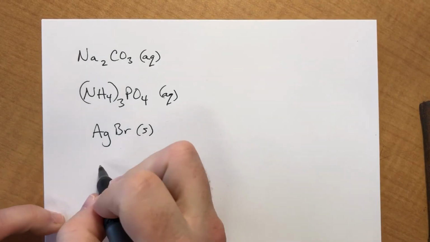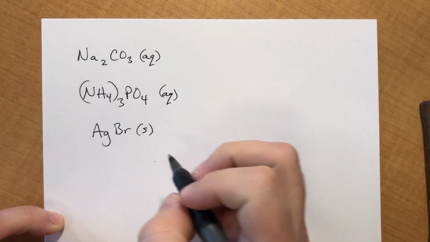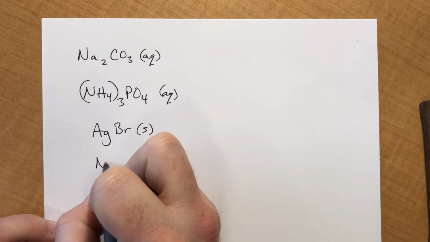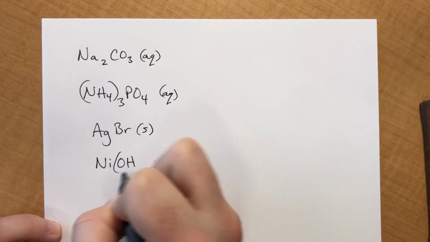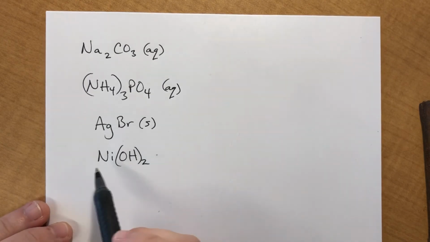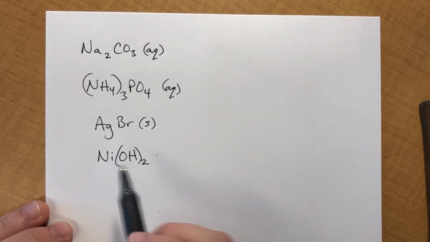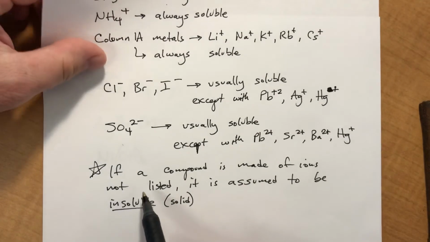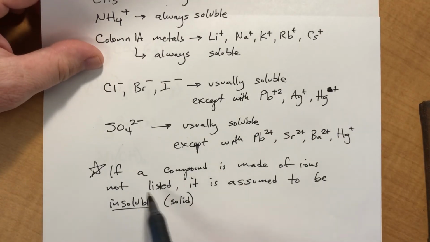How about something like Ni(OH)2? If we look through the list, nickel is not listed, and OH is not listed, so we have to go by this bottom rule. If a compound is made of ions not listed, it's assumed to be insoluble, so it would be a solid.